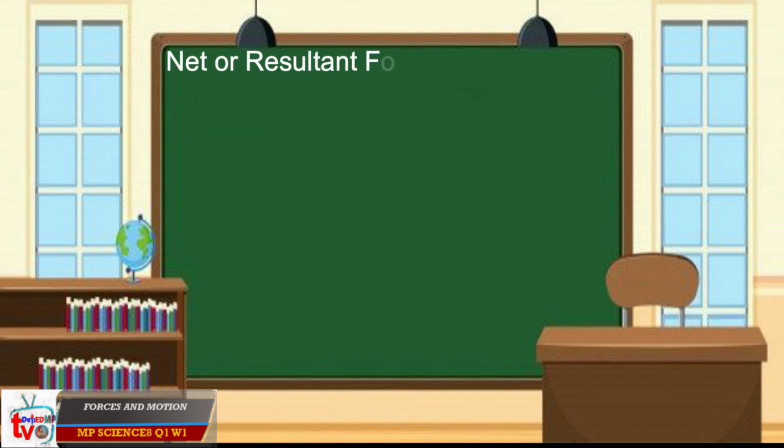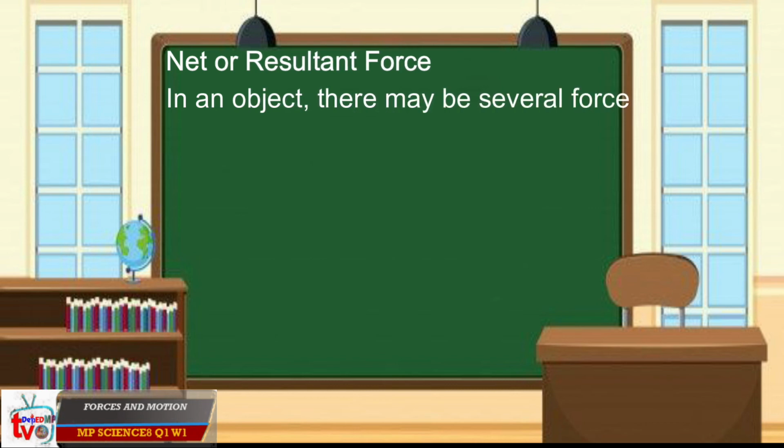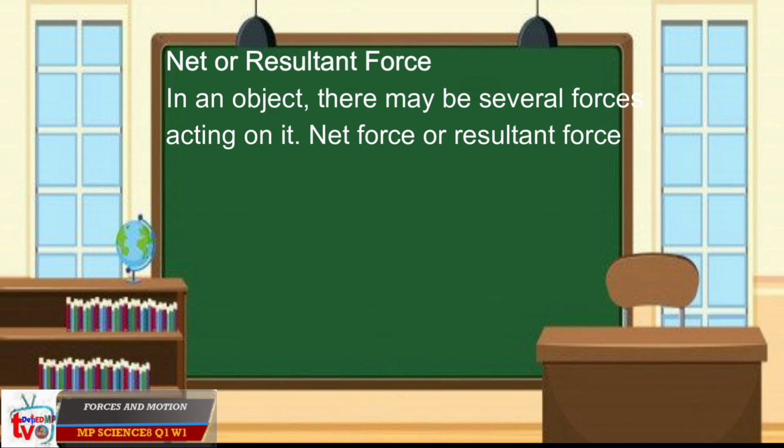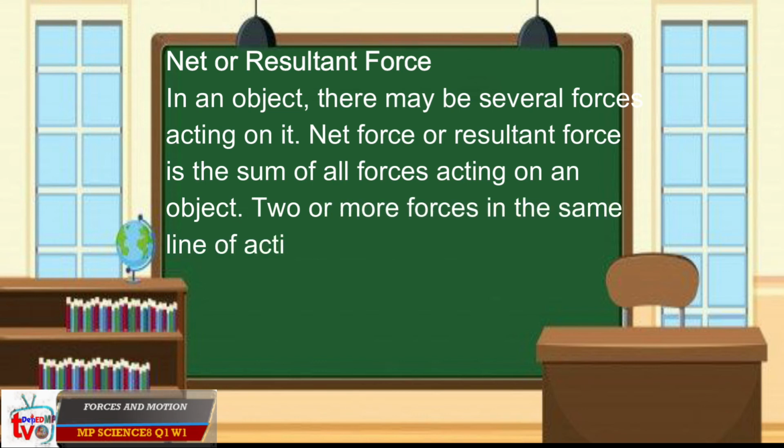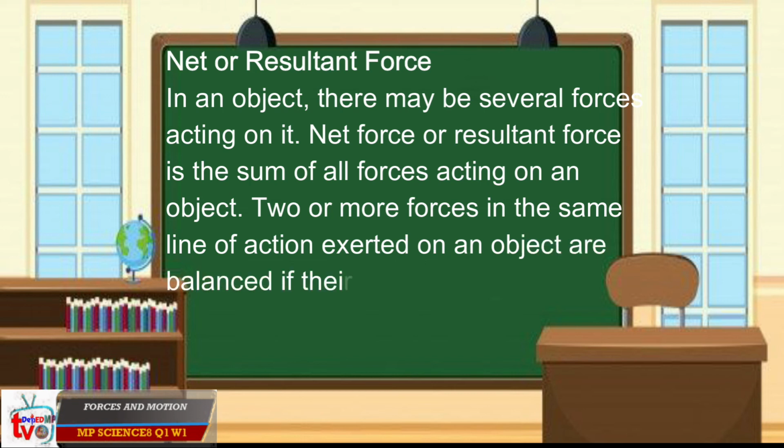Net or resultant force. In an object, there may be several forces acting on it. Net force or resultant force is the sum of all forces acting on an object. Two or more forces in the same line of action exerted on an object are balanced if their effects cancel each other.